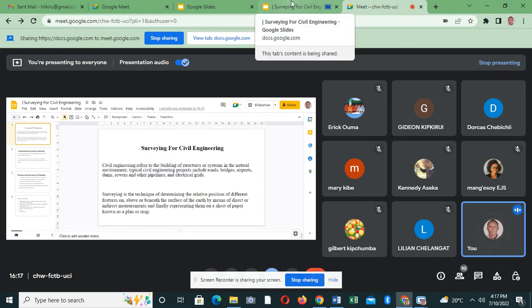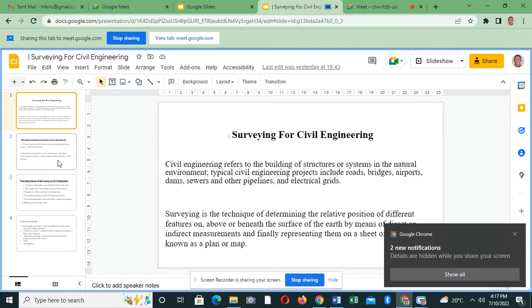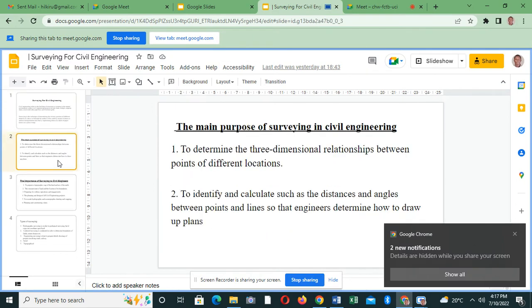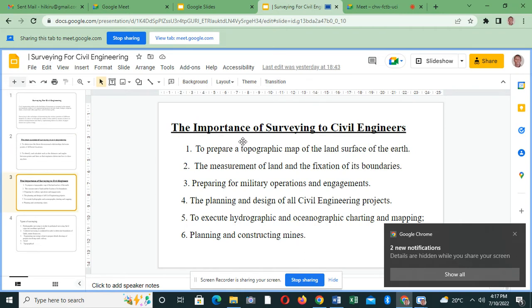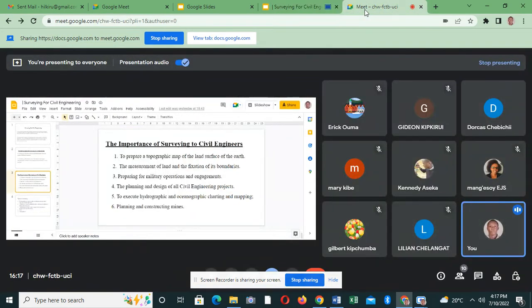There are many ways we are using this surveying. I've shared with you the importance on the screen. Can you see what is on the screen? Yes, we can see. So those are the importance of surveying to civil engineers.